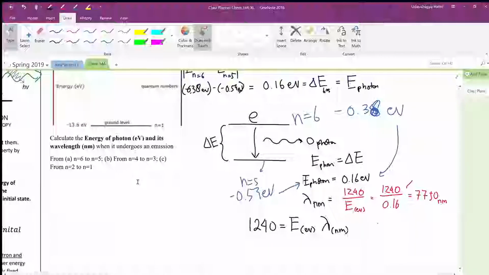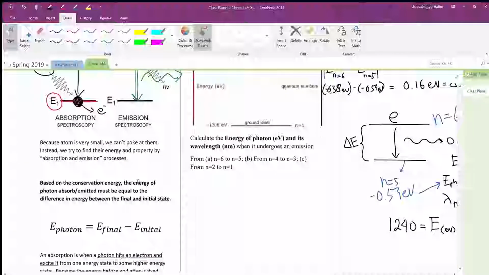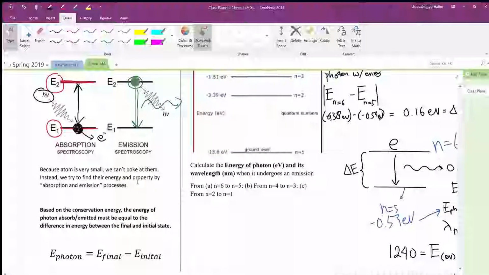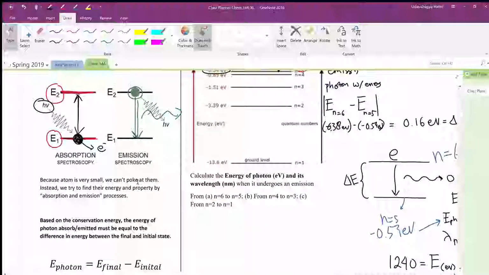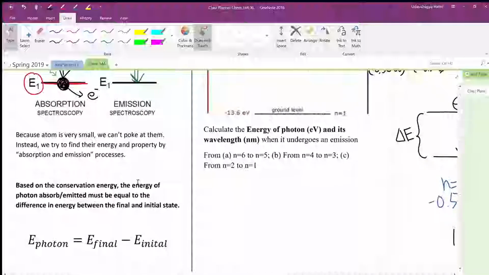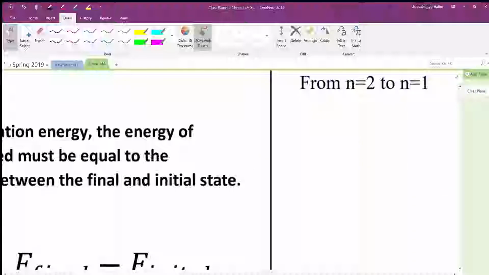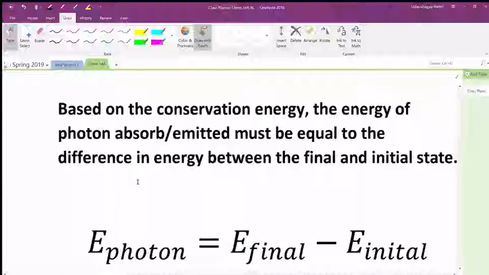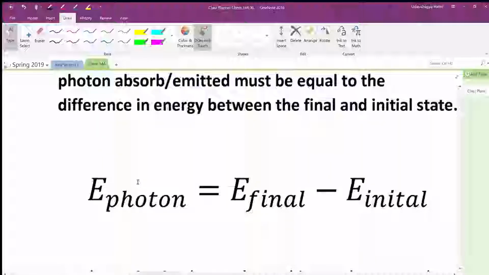So one of the applications that we can get is simply emission and absorption spectra, and so on. Again, the concept is pretty straightforward. If you want to know the energy of the photon that is being emitted or absorbed, you simply have to look at the difference between the energy of those two states.